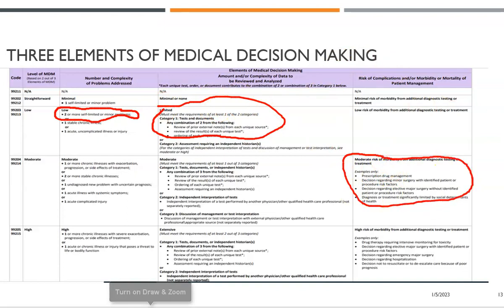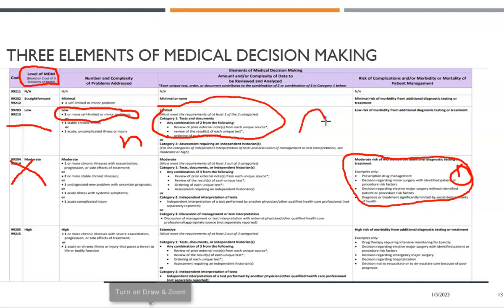So this tells us 2 out of 3 have to be met. We could not assign a moderate here because only 1 is met, right? We have 2 met up here and low, so we could assign a low because we have 2 met here.